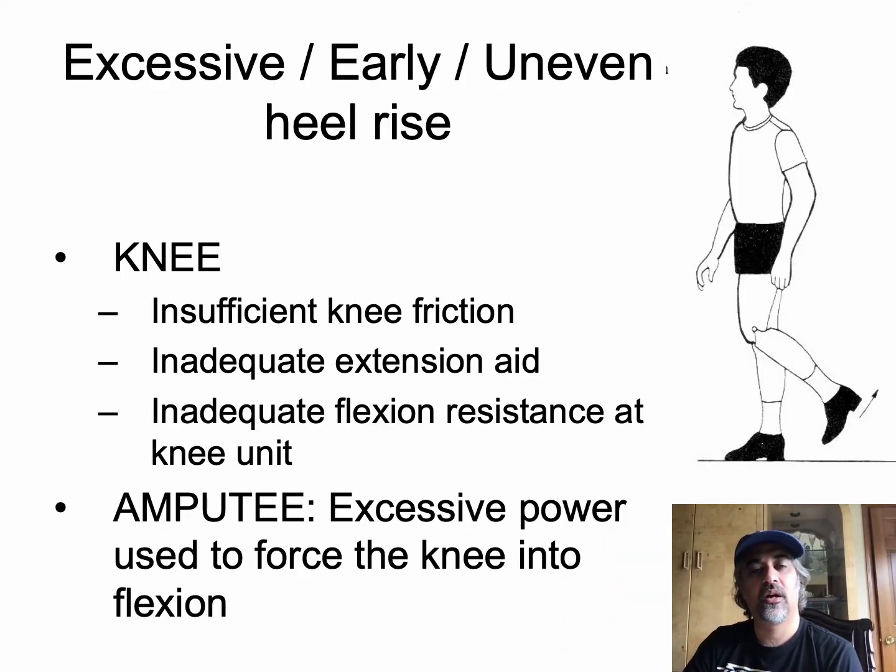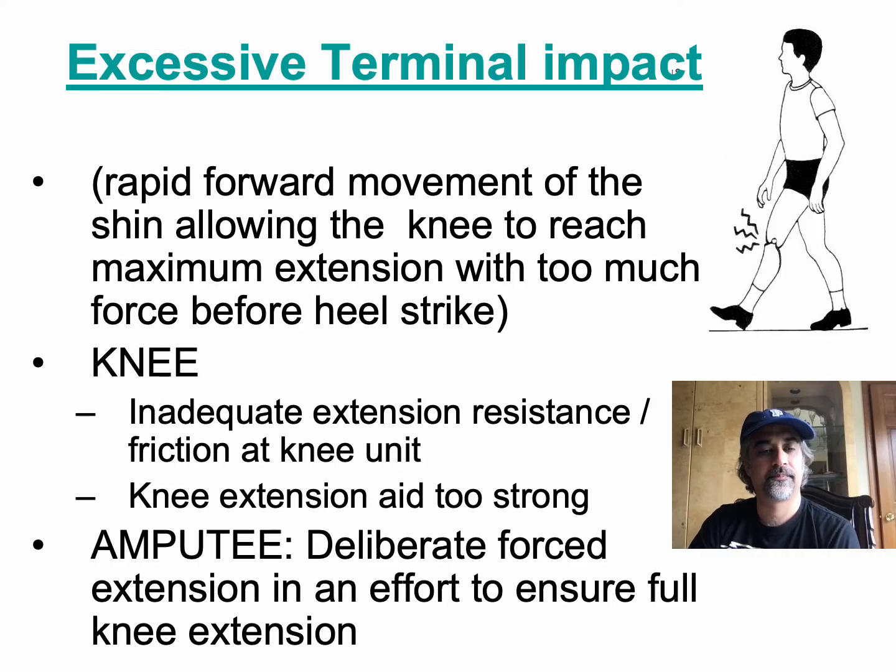Excessive or early heel rise, we also talked about this in the situation where there was too much extension at the knee. Excessive terminal impact. So this is when initial contact is made, all of a sudden, smack, you hear the heel hitting with too much force.